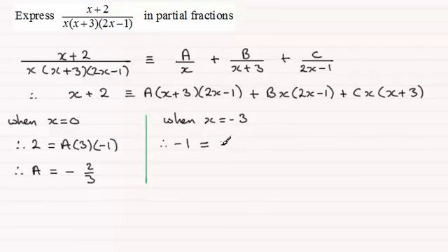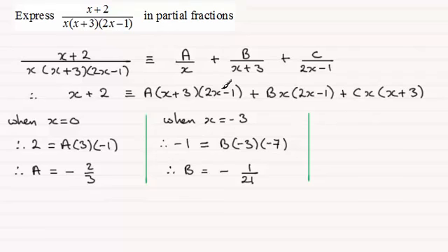Here we'll have B times minus 3 for that x, and then 2 times minus 3 is minus 6, minus another one is minus 7. So we've got minus 1 equals plus 21B. So if I divide both sides by plus 21, I'm going to end up with B equaling minus 1 over 21. So there's B.